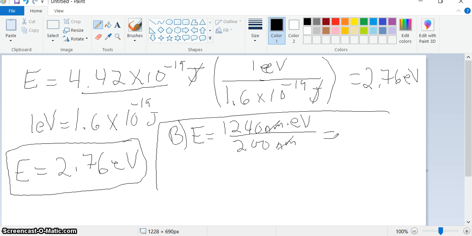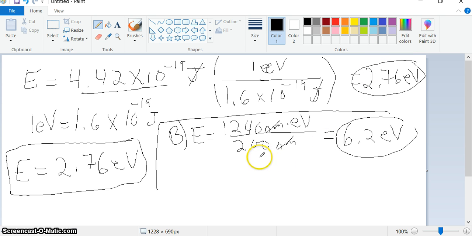So 1,240 divided by 200 gives 6.2, and the answer is in electron volts. Notice you get a bigger number with 200 nanometers than with 450 nanometers. This is actually in the ultraviolet range. The human eye can't see that.